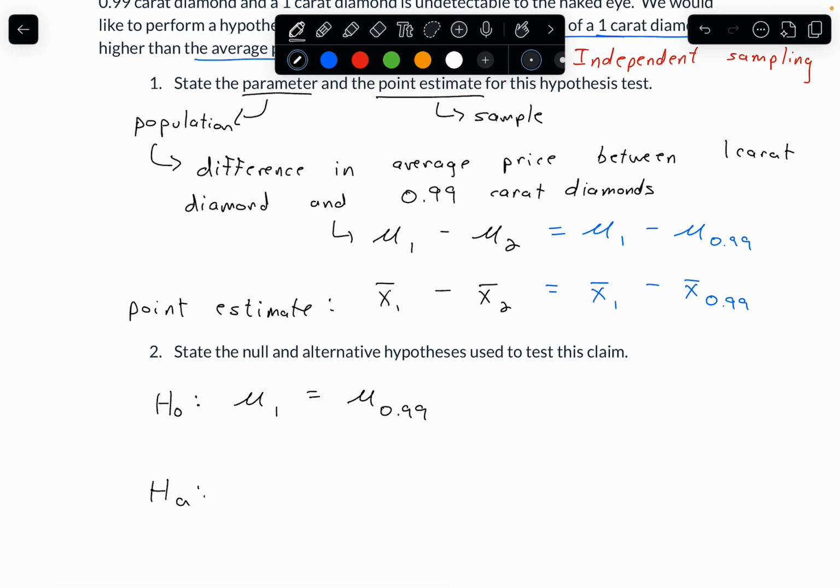So when we set up our null and alternative hypothesis, it's always going to look like population mean 1 is equal to population mean 2. Those two things are just always going to be equal. So if you can recognize that we're working with independent sampling, we're going to get these null and alternative hypotheses basically for free.